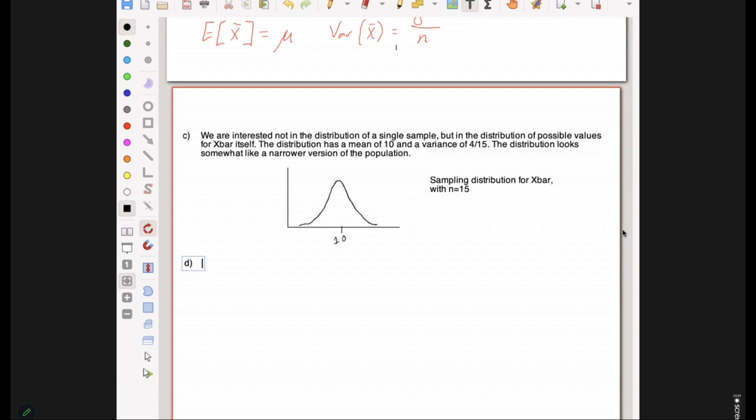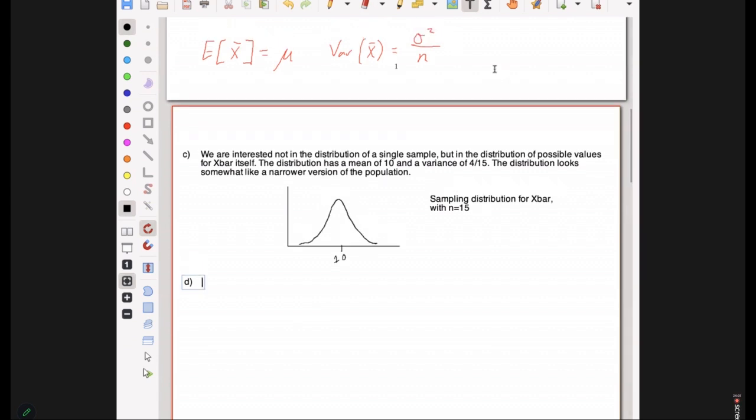It's talking about the sampling distributions up at the top, and then it says for any distribution with mean mu and variance sigma squared, the expectation of our sample mean x bar is mu, and the variance of our sample mean is sigma squared over n. And so this is the expectation and variance of the sampling distribution. Does that make sense?